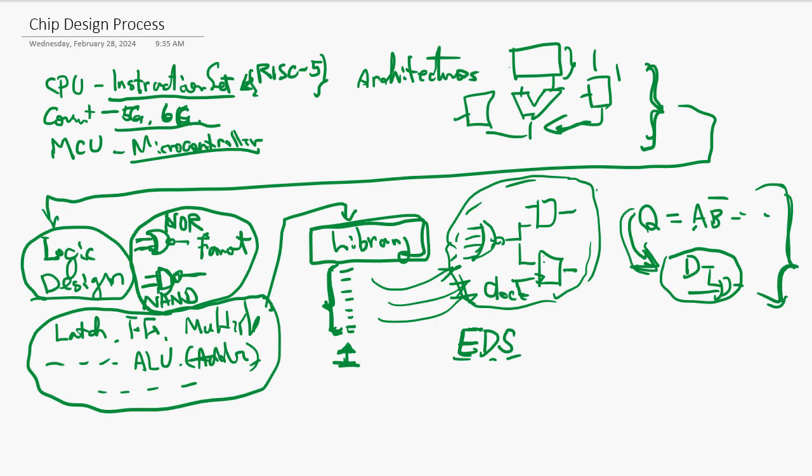For the data path, usually this is not a good way because you have to look at the timing of the data flow. Each stage of data flow, you have to look at the timing. And of course there is an EDS tool to check the critical path. What is a critical path? It is from flip-flop to flip-flop.